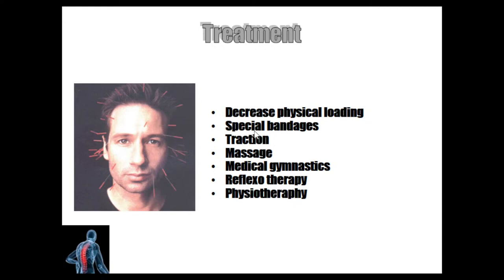What should we do, what are the steps of the conservative treatment? Of course, decrease physical loading. Use special bandages or a special fixator, which will reduce the loading during everyday activity. You can prescribe traction, massage, medical gymnastics, reflexotherapy, physiotherapy.